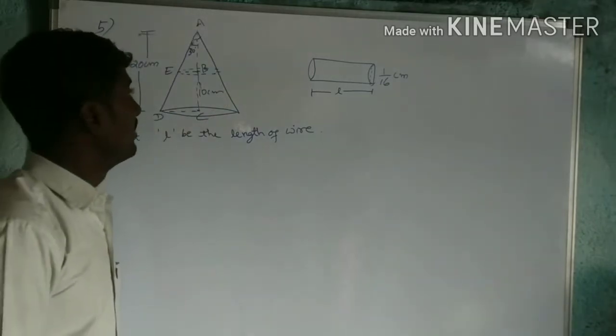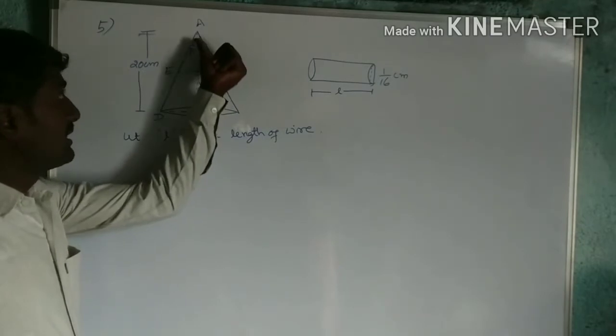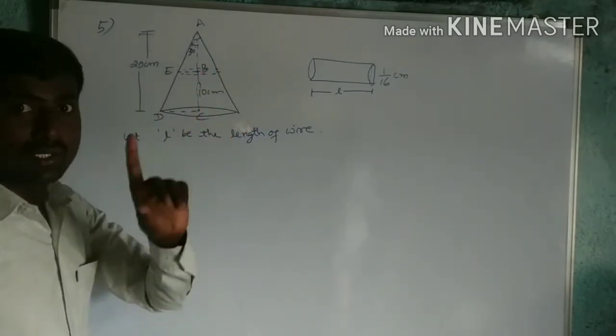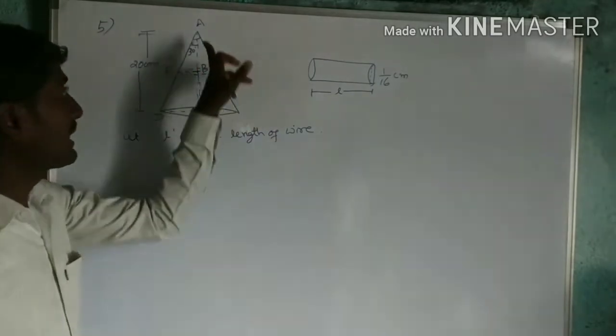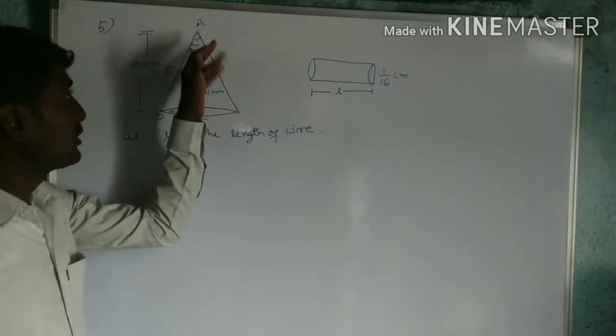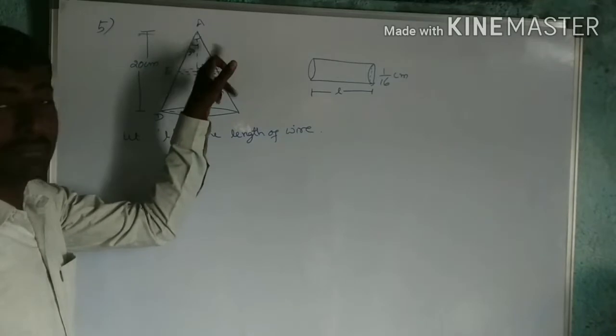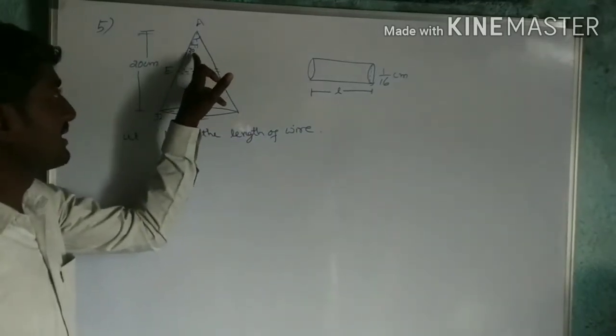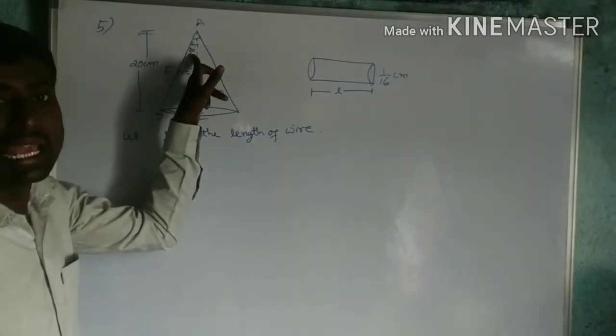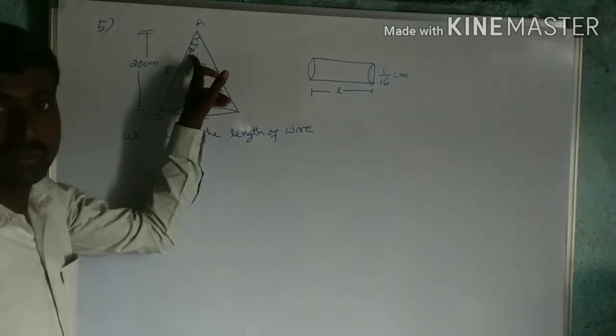Initially they have given the vertical angle, not the semi-vertical angle. The vertical angle is 60 degree. So half of it, 60 divided by 2, is the semi-vertical angle. This is 30 and this is 30. So the semi-vertical angle will be 30 degree.